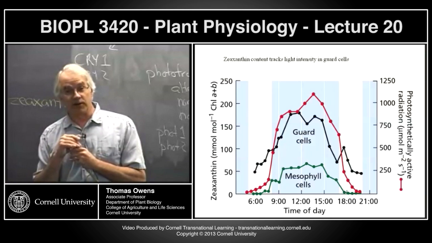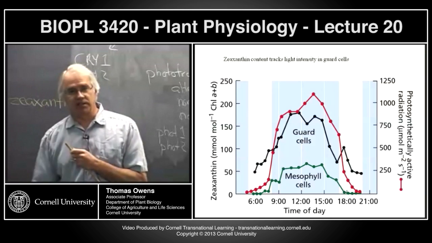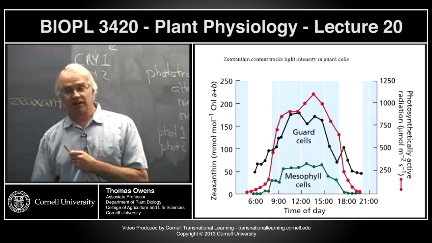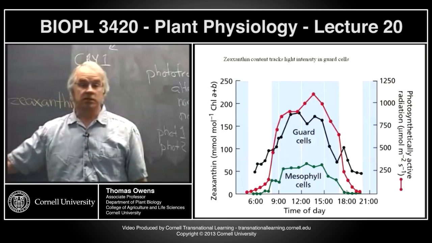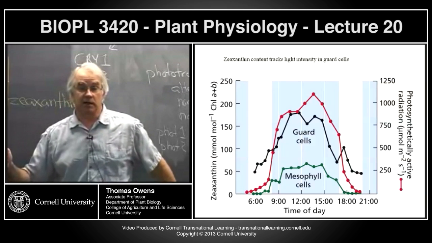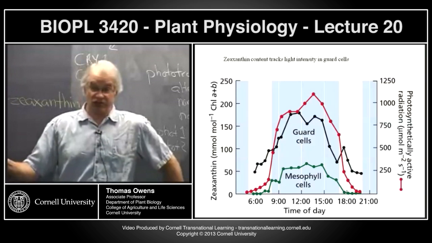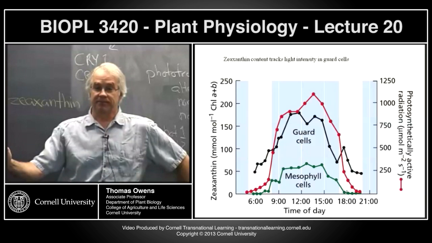And if it slows down photosynthesis at the same light intensity, what's going to happen to the amount of excess light absorption? So what would you expect for the amount of zeaxanthin in the guard cells to happen? It's going to go up, right? So a number of people have shown evidence that the higher zeaxanthin content in guard cells is a consequence of the fact that the guard cells can't do much with the photosynthetic products they produce.